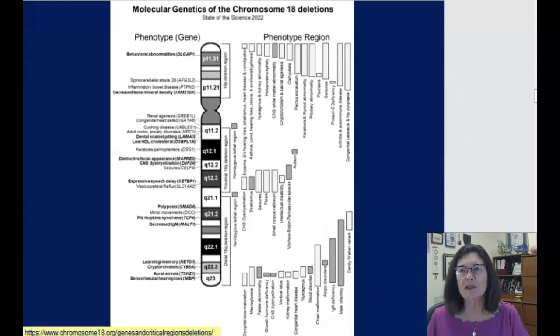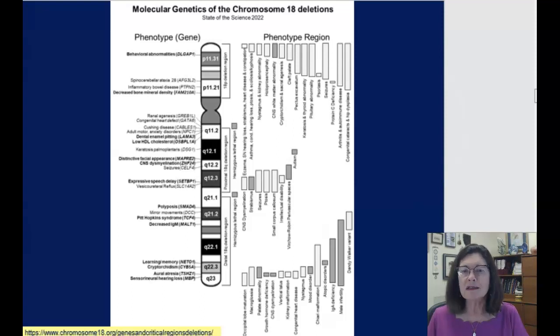The light shaded boxes are the ones that indicate a region that causes that condition in less than 50% of the people. What's interesting here, though, is that on the phenotype side, where we don't know exactly which gene, most of those are the light-colored gray. They're the low penetrance, which is part of the reason it's been harder to identify a causative gene.